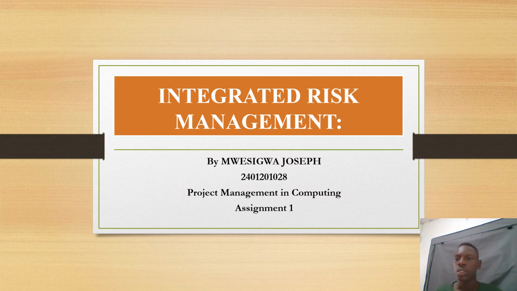This presentation is going to be based on risk management, and it is going to be about the 4 research papers that we read that cover different perspectives in risk management, such as risk identification, construction industry practices, and small scale management enterprises.